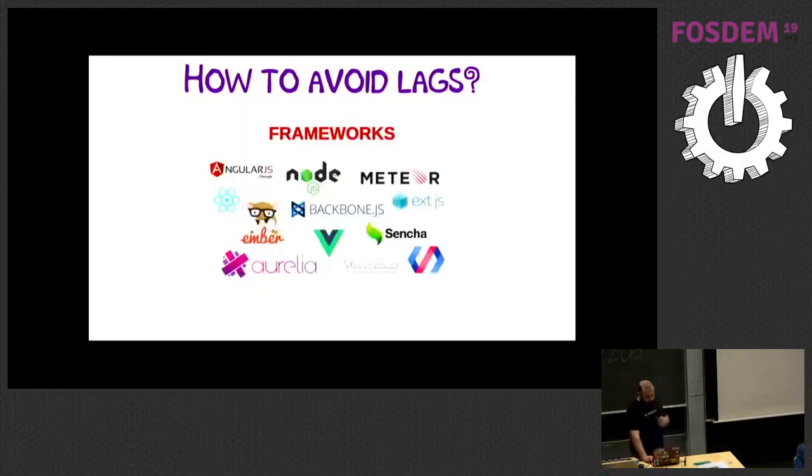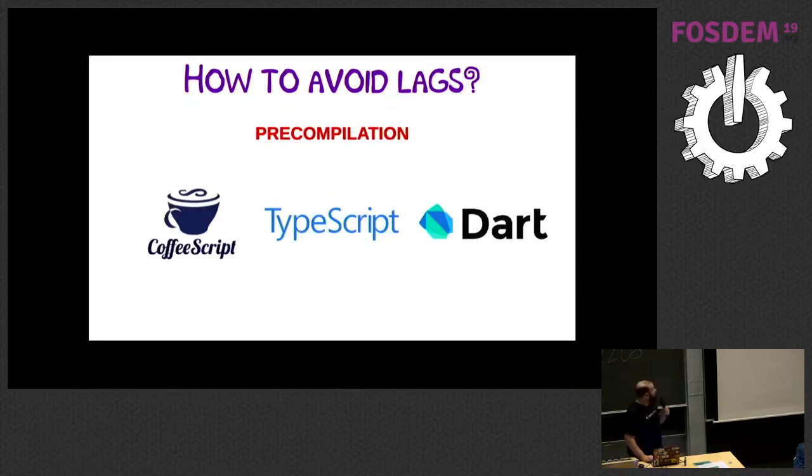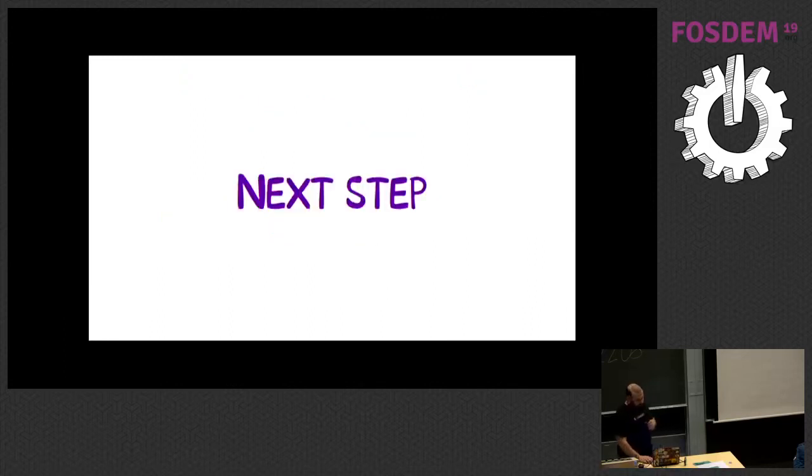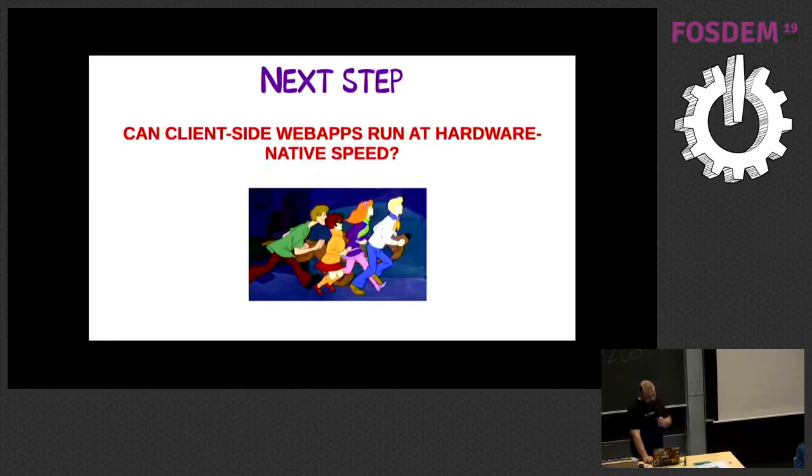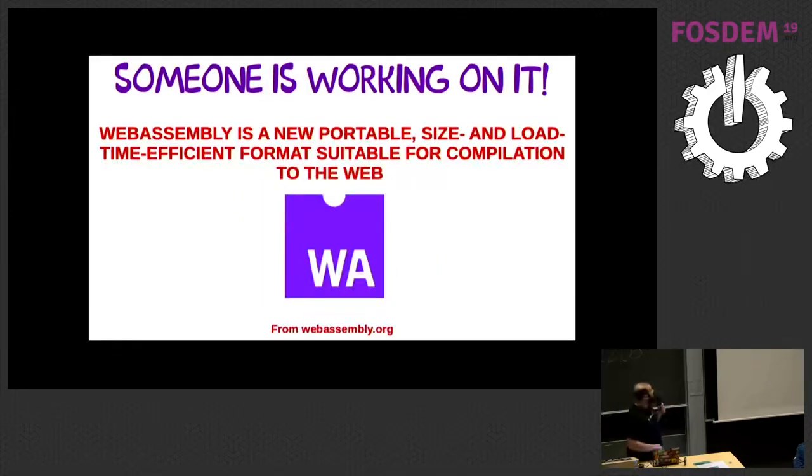With a framework or with a pre-compiler that generates very optimized JavaScript. But there is a new step in building web pages. Can a web page run at hardware native speed? Yes, with WebAssembly.